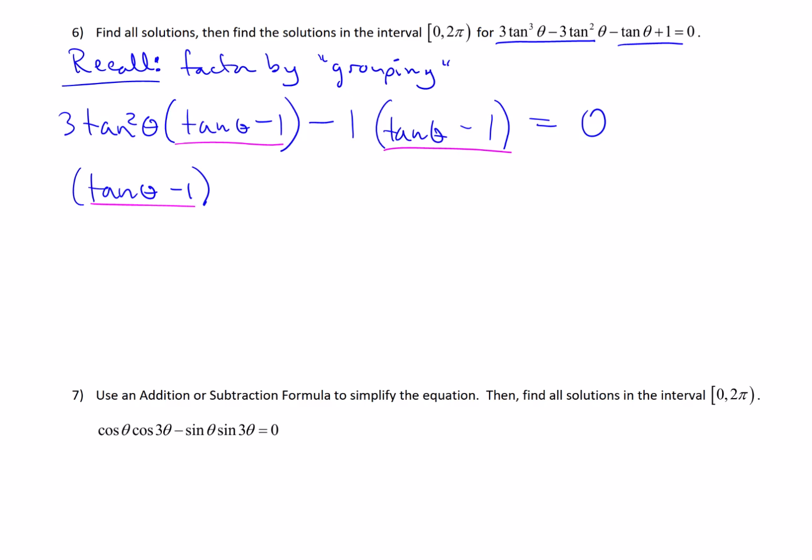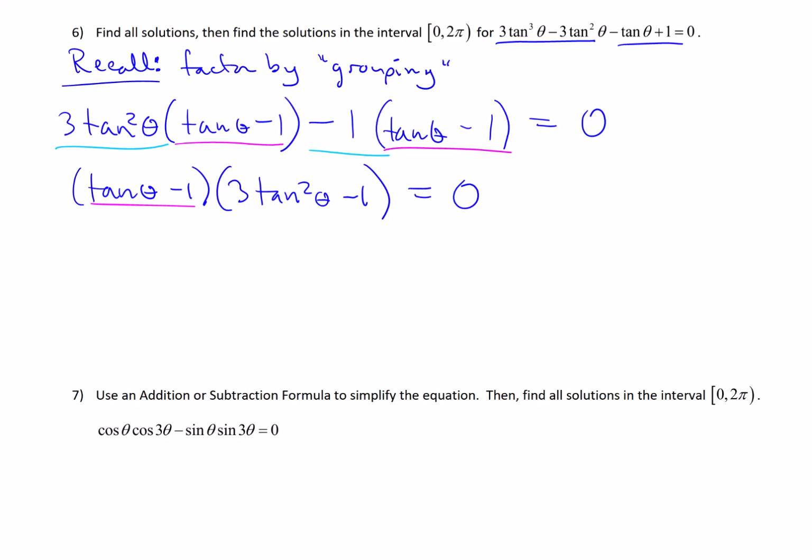And then what that would be leaving behind if we factor that out is what would be in front of those two terms previously. So we're talking about the 3 tangent squared theta and the minus 1. So those will go in a set of parentheses following: 3 tangent squared theta minus 1, and that's all equal to 0.